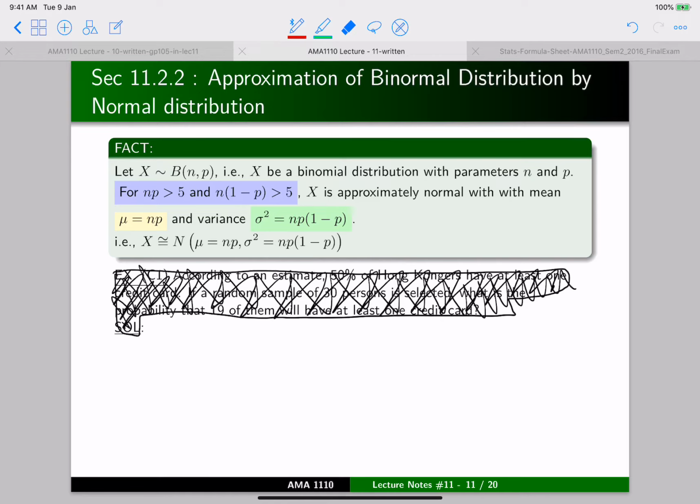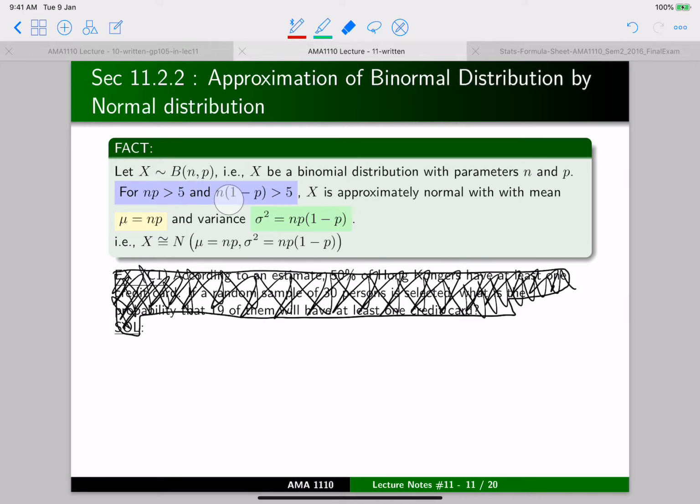The precise theorem of this fact is stated as follows. Suppose x is a binomial distribution with parameters n and p, and suppose this criteria is satisfied: n times p is greater than 5 and n times 1 minus p is greater than 5.